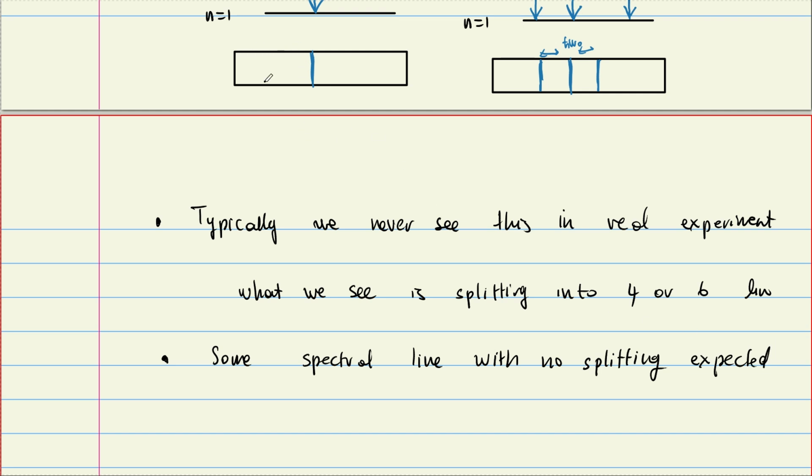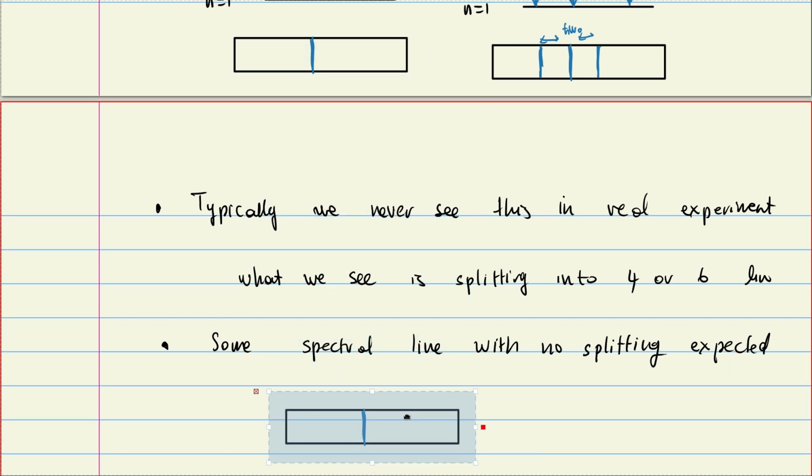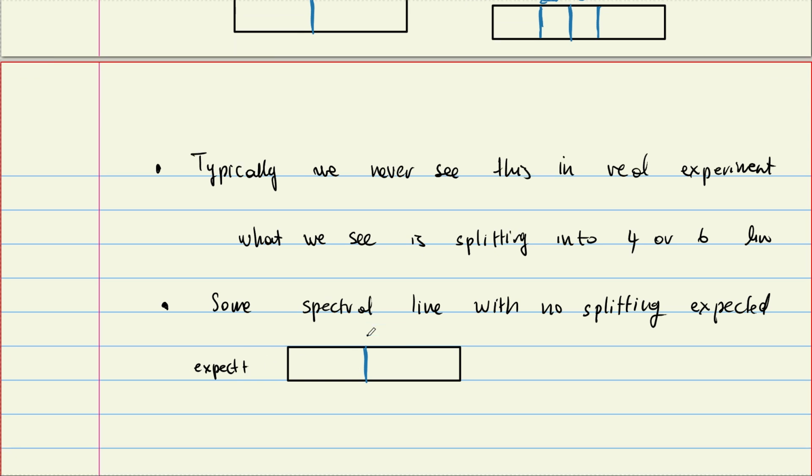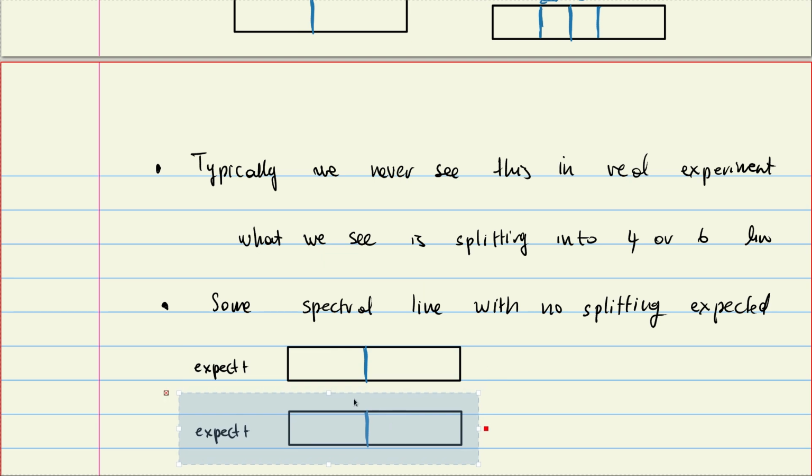Like for example, let me see this. You expect something like this, say without a magnetic field. So this is what you expect, but what you find is not this, but something like, so this is the original line which is missing, but you see 2 lines.